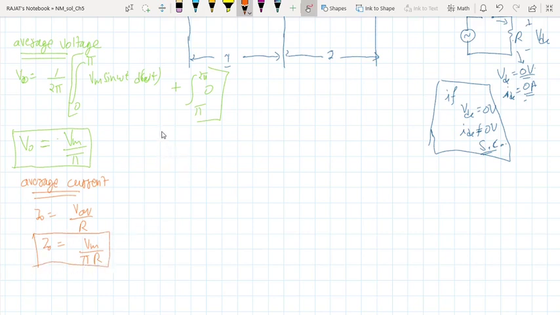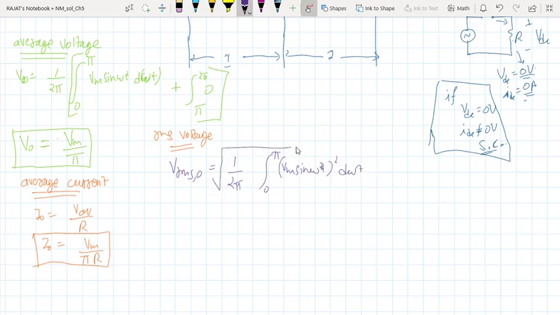Okay, what is the RMS voltage? The output RMS voltage is equal to the root of 1 upon 2 pi, 0 to pi, Vm sine omega t whole squared d omega t.